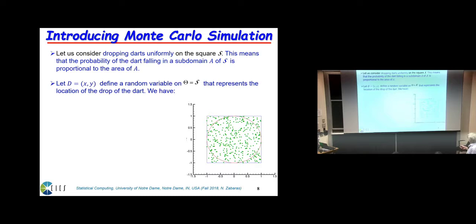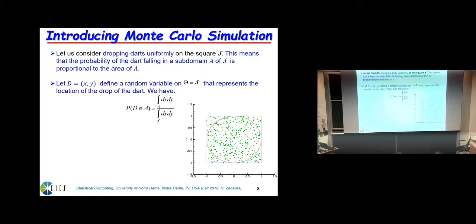So notation: since we're going to be dropping these darts uniformly on this square, we define a random variable that is a vector with components x and y, which are the coordinates where the dart is going to land, okay? So d is a random variable defined on this square, and it's the location where the dart falls.